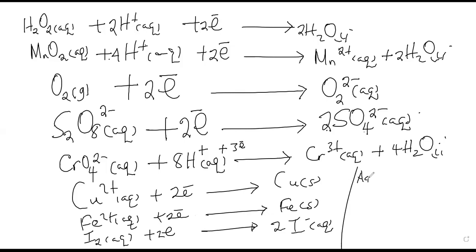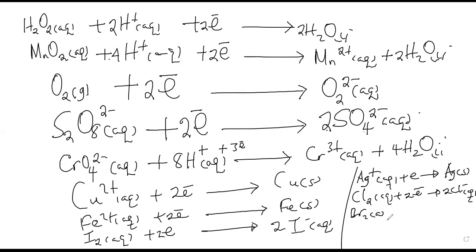Silver, however, practically not common, gains an electron to form silver solid. Chlorine gains 2 electrons to form chloride ions.